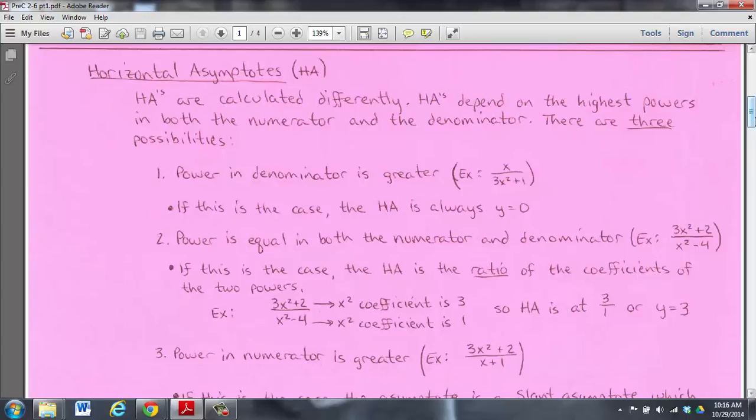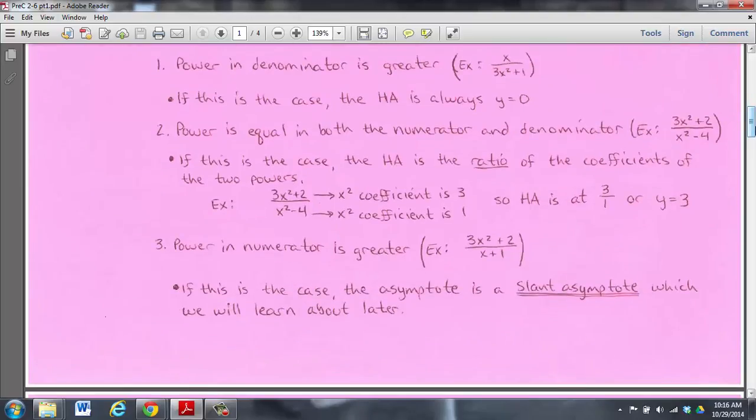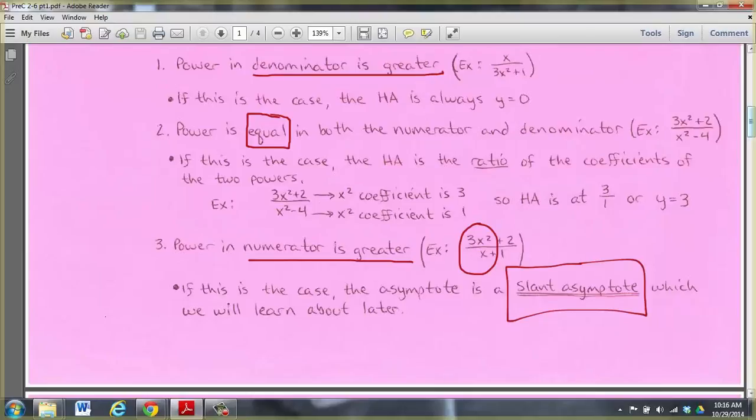So we talked about when the power in the denominator was greater. We talked about when the power was equal. So naturally the last possibility is that the numerator is the greater power. For example, 3x squared over x. When that happens, the asymptote is actually a slant asymptote.